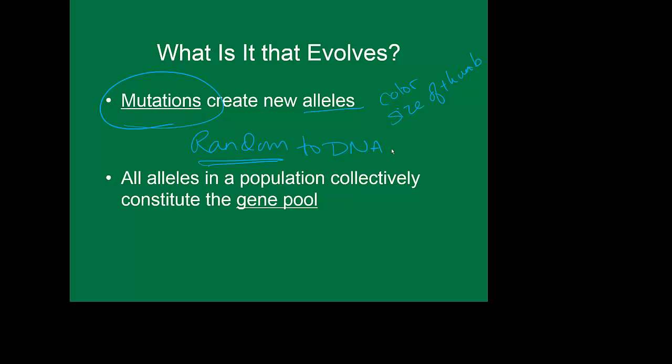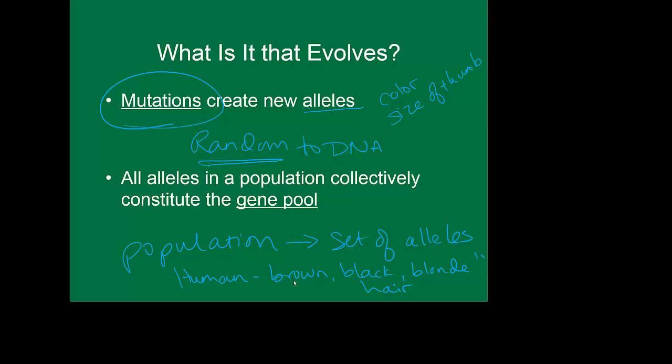We can think about this later as far as the logistics, but what I want you to keep in mind is if we are looking at a population of any organisms, that population has a particular set of alleles. So in the human population, we have alleles for brown hair, black hair, and blonde hair, right?